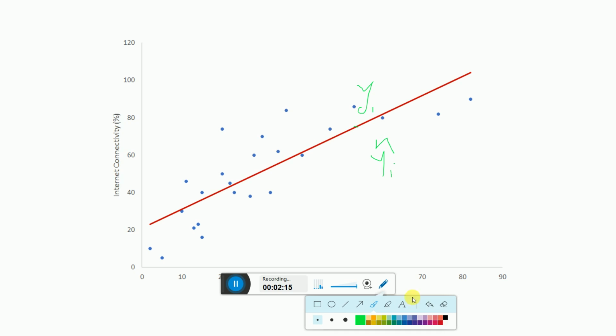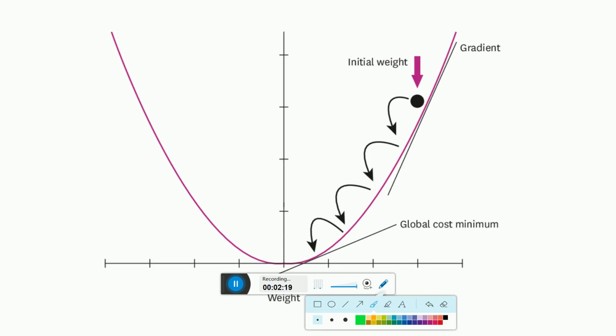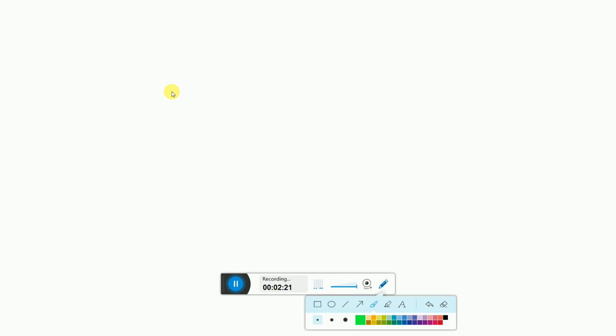To find the total error, let's say I want to find the total error out there. So what should I do? I should take y minus y hat. This is for a single point, so give i out there and i out there.